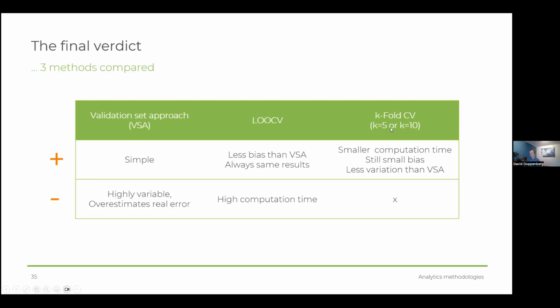In the case of 2 splits, that's very similar to the validation set approach. So you want to prefer picking k as 10 whenever possible, because you're less reliant on the way you pick your test sets. But in certain cases, k as 5 will work also.